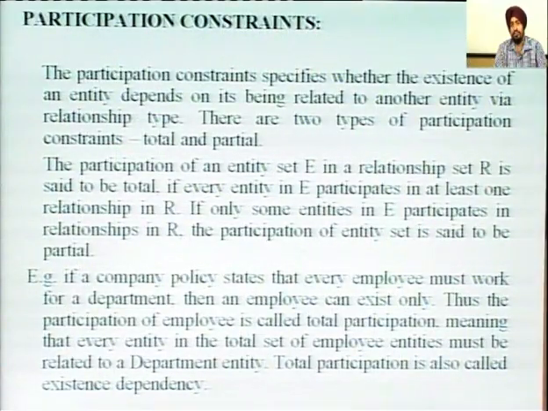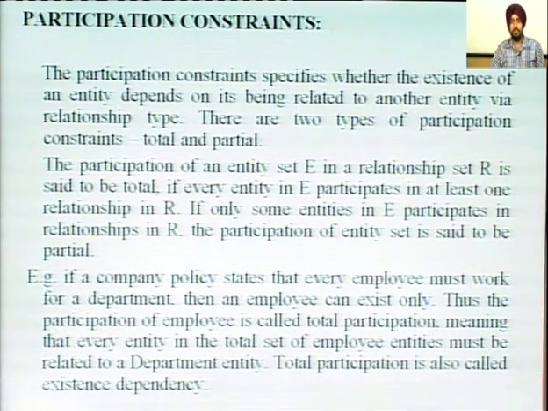Then the participation constraint. The participation constraint specifies whether the existence of an entity depends on its being related to another entity via a relationship type. There are two types of participation constraint, total and partial.